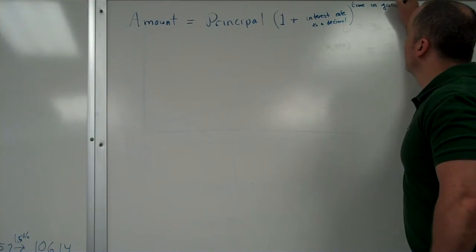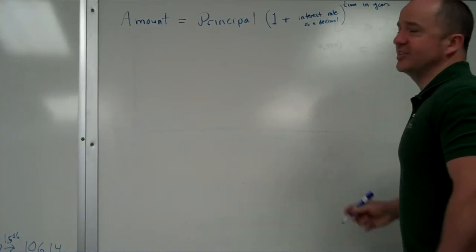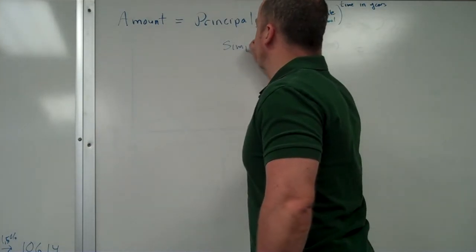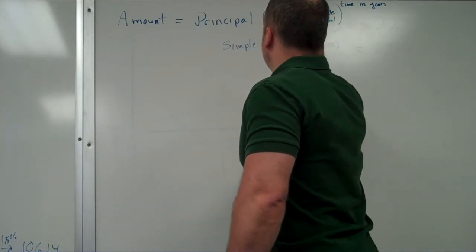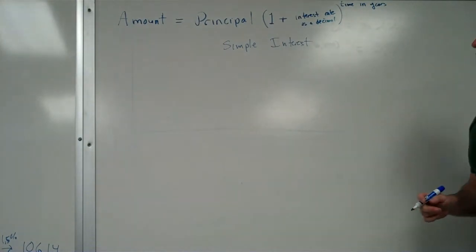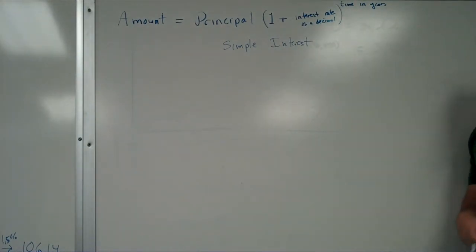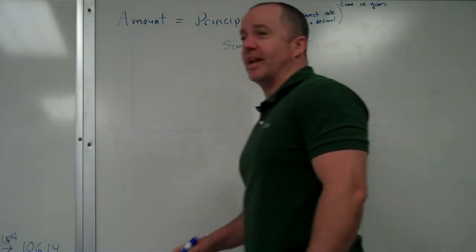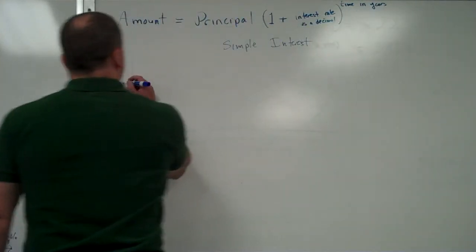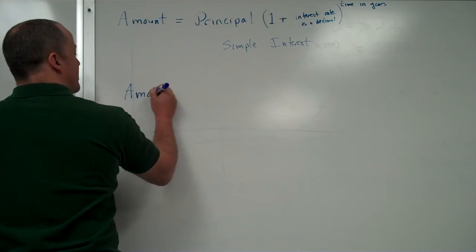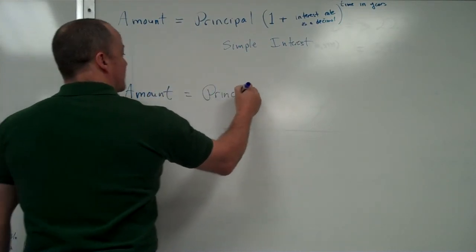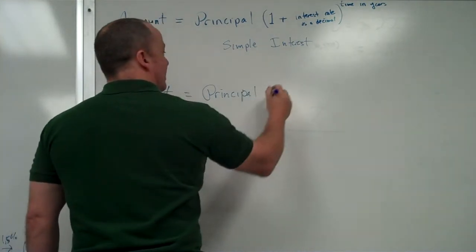in years. Now this is, okay guys, I've got to hurry up with this. This is your simple interest formula. This is what we've been doing for simple interest. Now I'm going to do it for compound interest. Are you ready? No. Great, let's go. The amount in the bank when you compound the interest is equal to the principal.